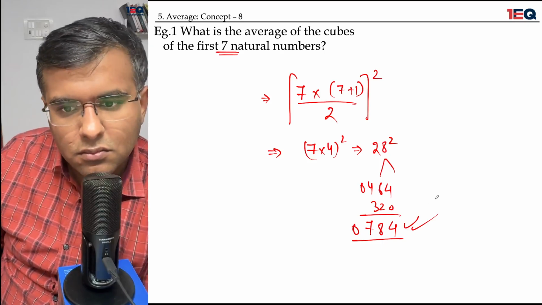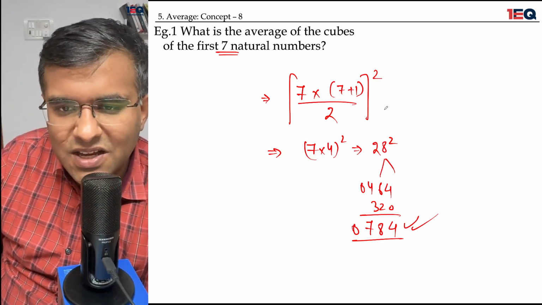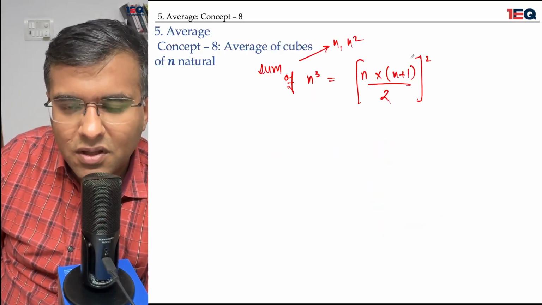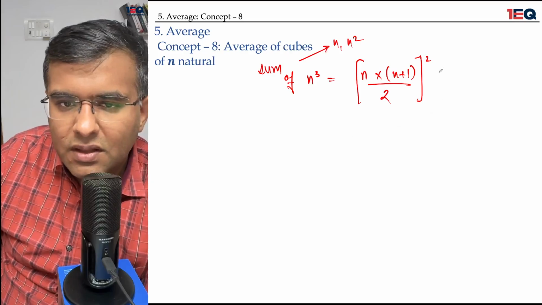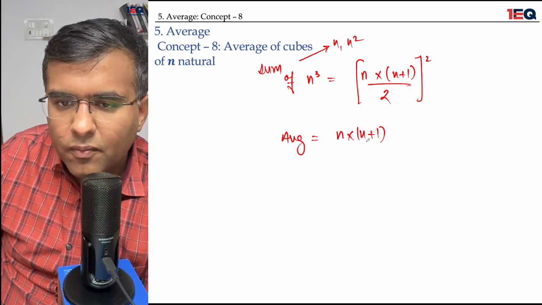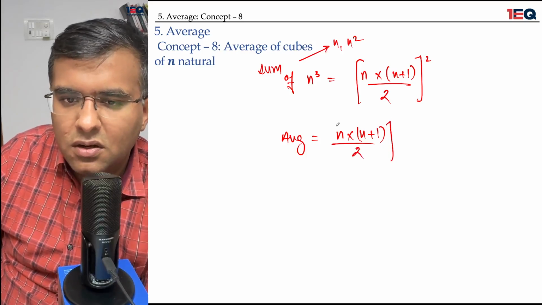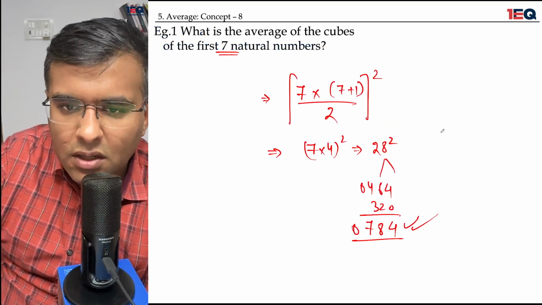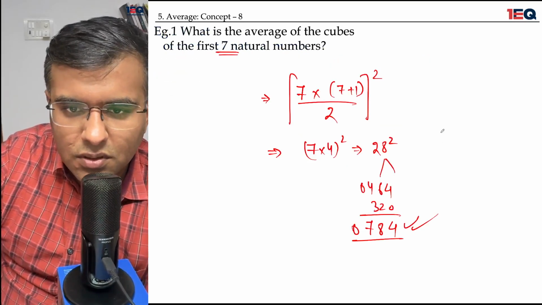No, there is another mistake which I committed. This thing over here was the sum. This entire thing, to be converted into averages, has to be divided by n. So 1 by n comes into the picture.